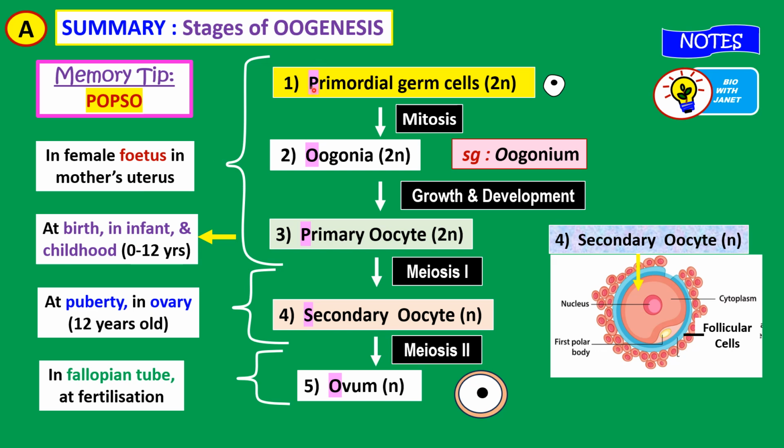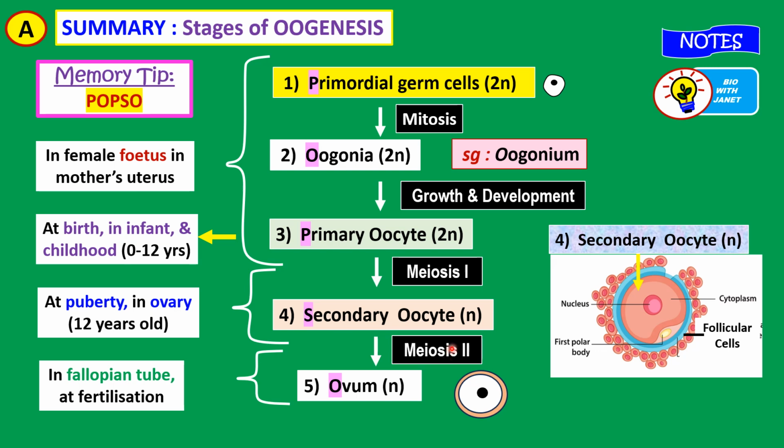P for primordial germ cell, O for oogonium, another P for primary oocyte, S for secondary oocyte, and O for ovum. Apart from that, you have to remember the processes involved, like mitosis, growth and development, meiosis 1 and meiosis 2. And we also have to know whether the cell is diploid or haploid. It is diploid for the first 3 stages, and then it becomes a haploid cell.